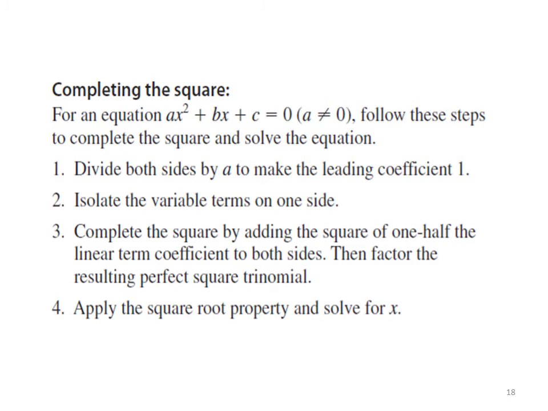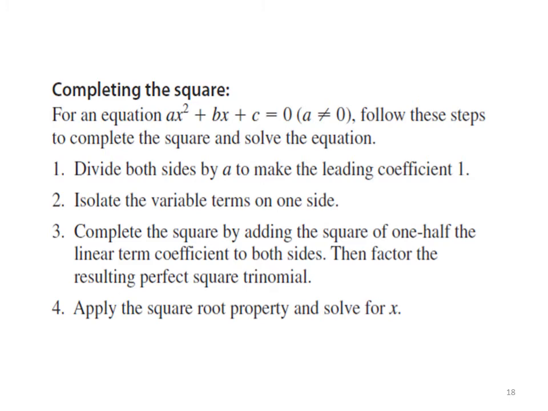The steps that we need to complete the square are as follows. The first step is to divide both sides by a to make the leading coefficient equal to 1, a being the coefficient of x². So you want to divide both sides by a because you want the coefficient of x² to equal 1.